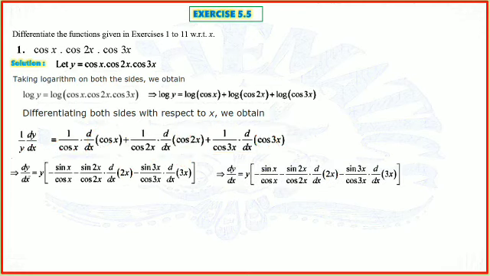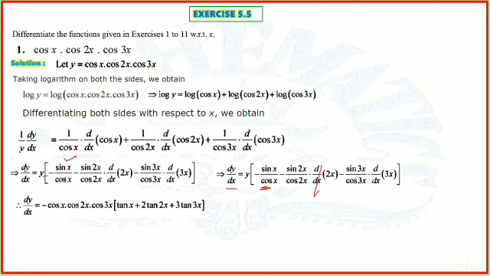So dy upon dx is equal to y times, as it is, and then minus sin x upon cos x, the first term as it is. Then look at this: dx and x will be removed, so here we will have 2 times, and here also the derivative of x will be removed, so here we will have 3 times.